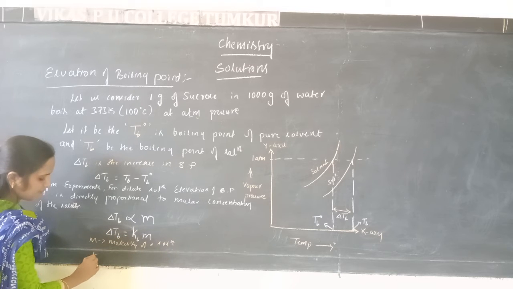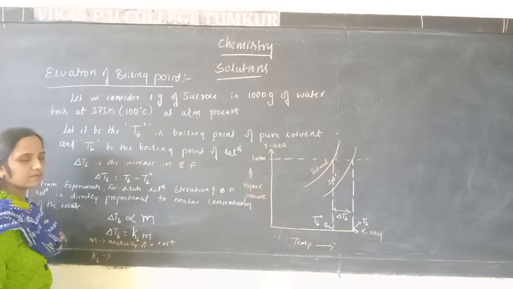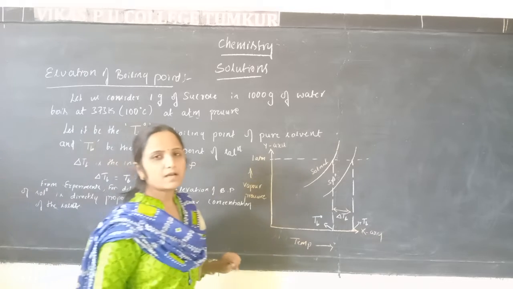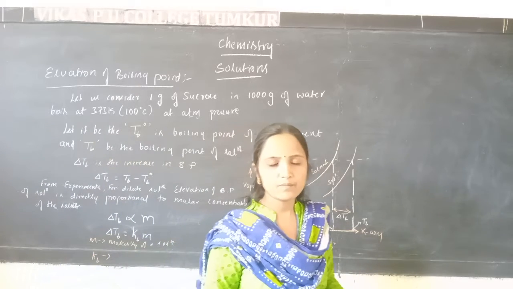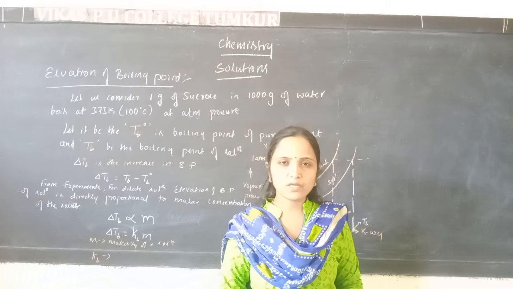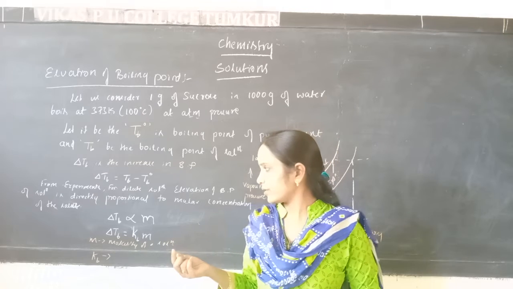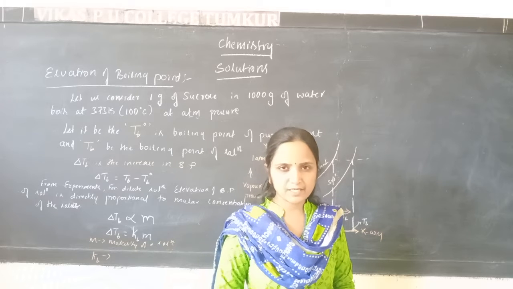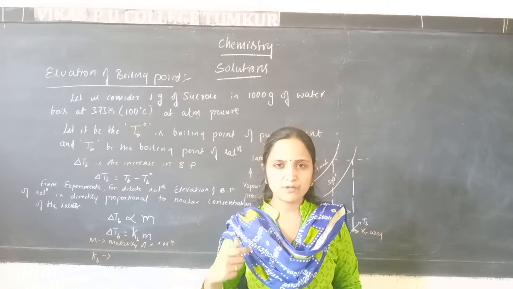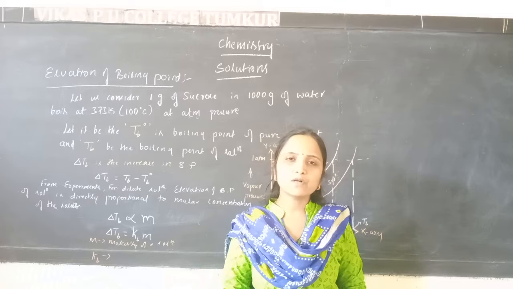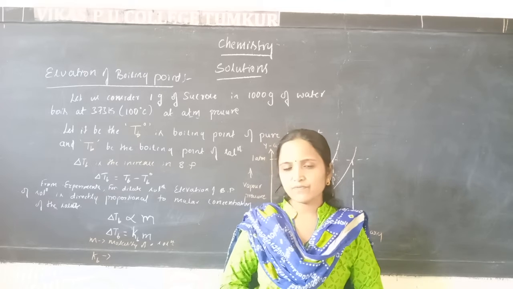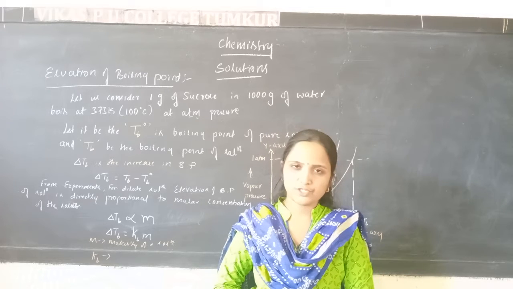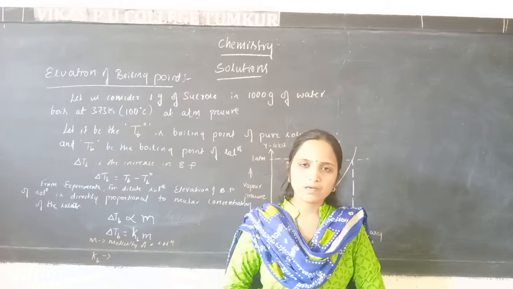Kb is a constant, the boiling point elevation constant, also called the ebullioscopic constant. It is the constant for the molar concentration.